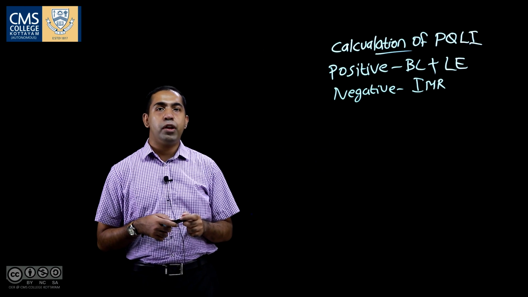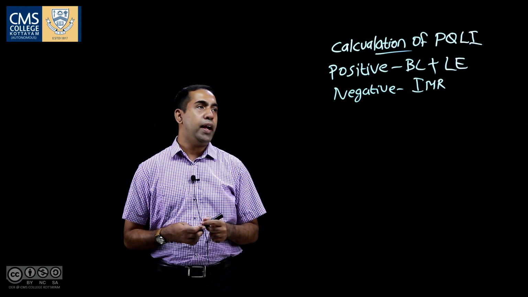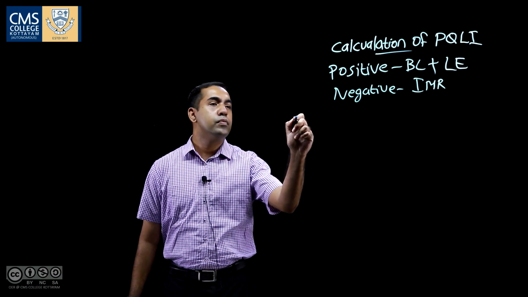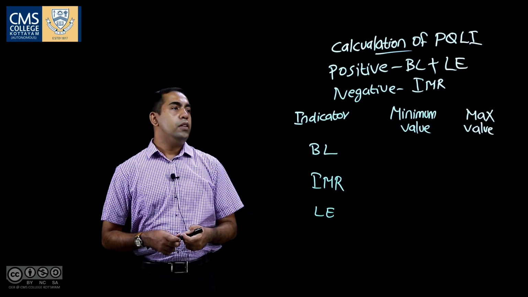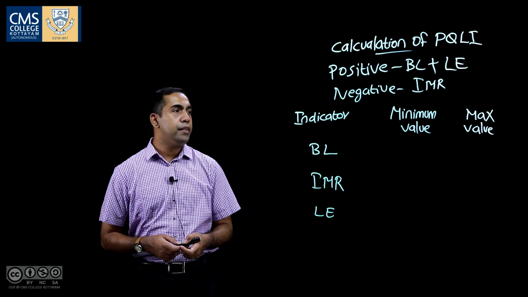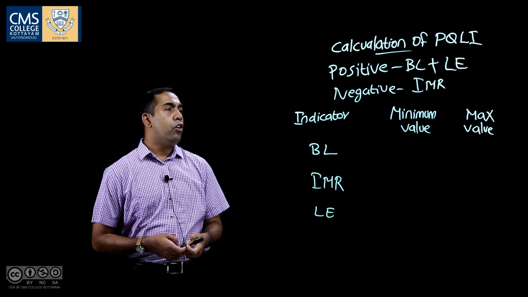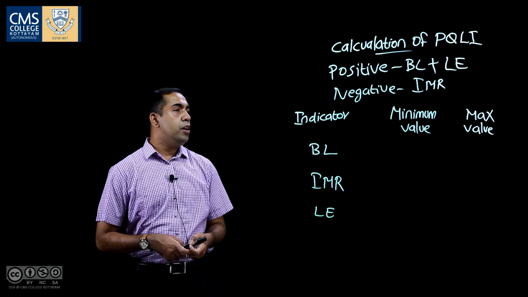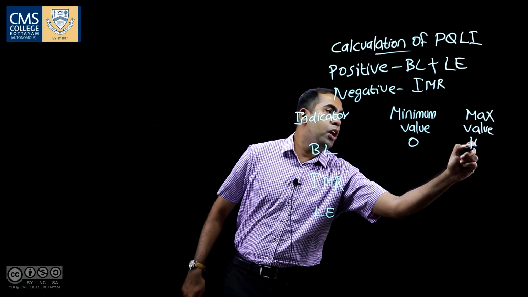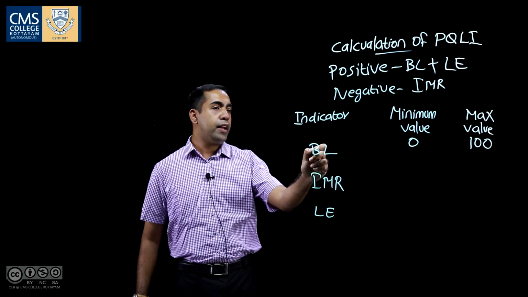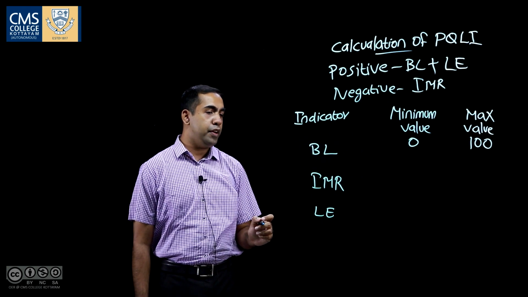Next, we move to a table regarding the minimum and maximum values. This table shows the indicators, minimum value and maximum value. For basic literacy, the minimum value is taken as 0 and the maximum value is 100. This is the case of a positive indicator of the physical quality of life index.